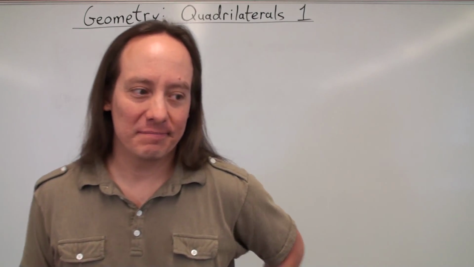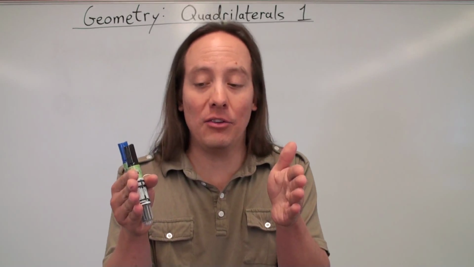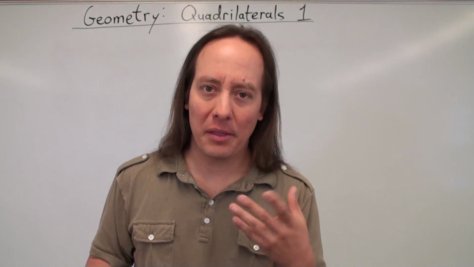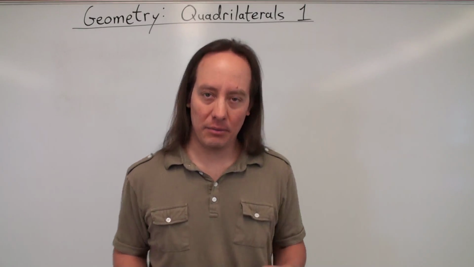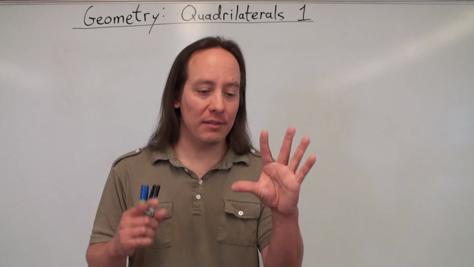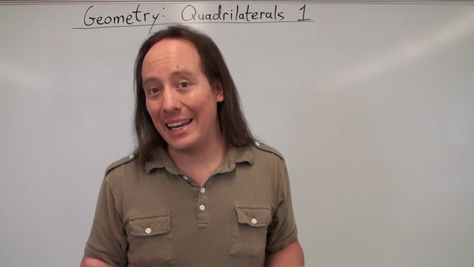So if the base of the square, or the length of the square, measures 3, all the other sides also measure 3. That's one of the characteristics of a square. And all the angles that the 4 sides make are all 90 degrees. Very important characteristic of a square.